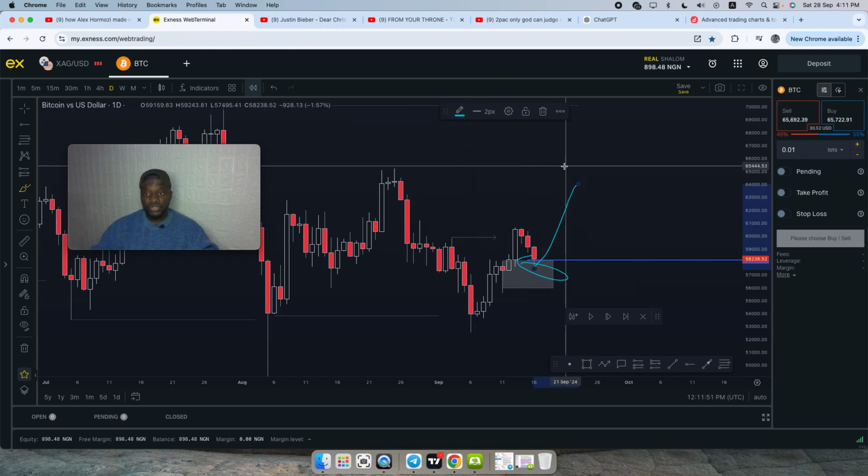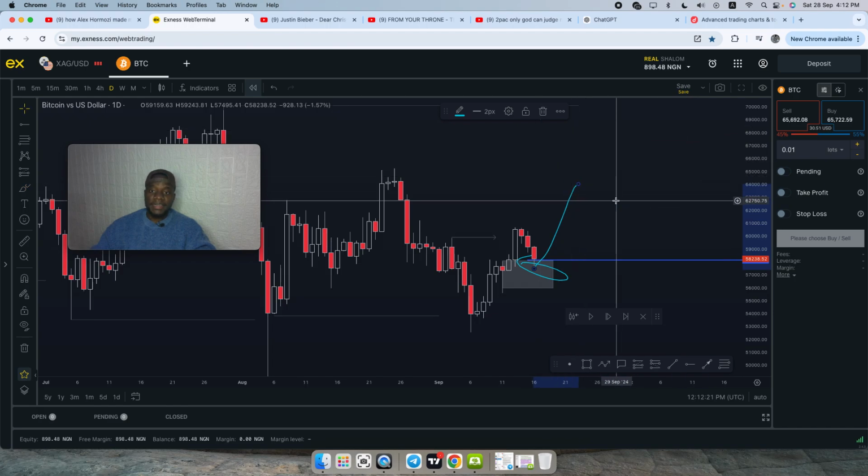Let's say you don't want to use trading view, you can also use this to do whatsoever you want to do. If you look at the side, you see where they write pending, take profit and stop loss. The same thing it is on your trading view, the same thing it is here, and the same way it is on your MT5 and MT4, though the views might be different.